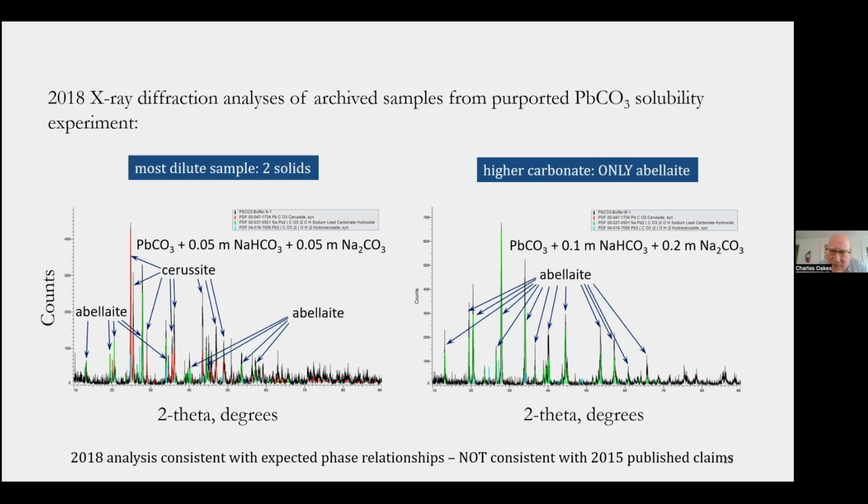And some people have focused on only that one data set and say, well, gee, only one of his samples is not what he claims it is. This is all good. Well, those people never bothered to look at the second data set where every single sample, all 12 of the samples, contain abelite, and 11 of the 12 samples only contain abelite.